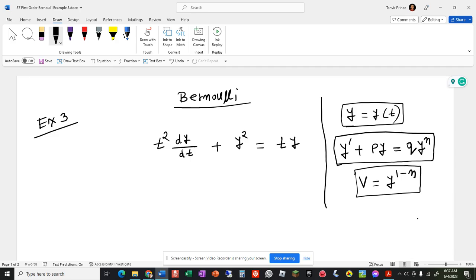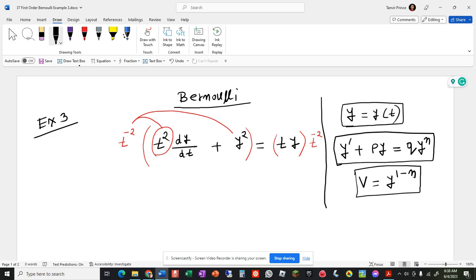So the first step, we need to write it down in the correct format. I have to make the coefficient of dy/dt 1. So you have to multiply both sides by t to the power negative 2 to make it a 1, right? So let's do that. But of course you have to use the distributive property, right?